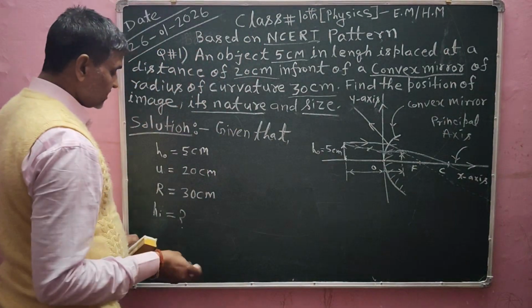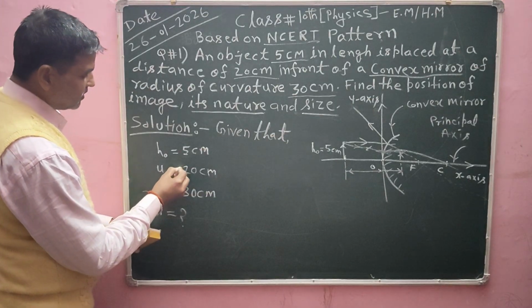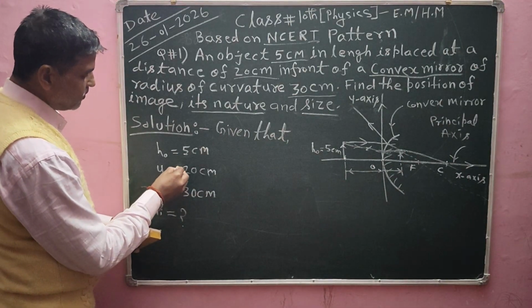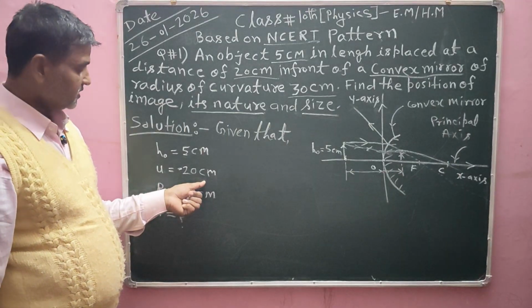Therefore, according to the sign convention, I have to put here the length of the object from the convex mirror, that will be minus 20 centimeter.